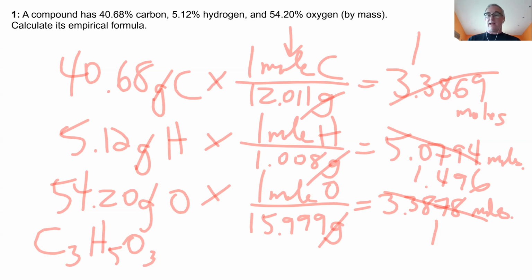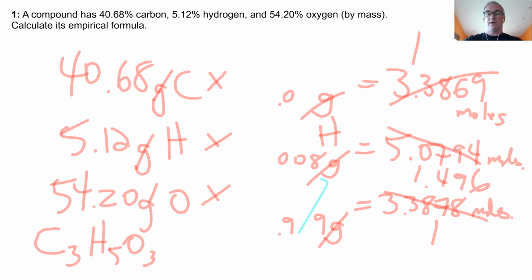So now we have 1, 1.5, and 1. So what in whole numbers is our actual ratio? 2, 3, 2. Right. So once we divide everything by the smallest number, a lot of times we are going to get a fraction.